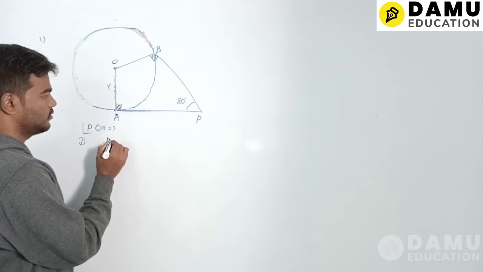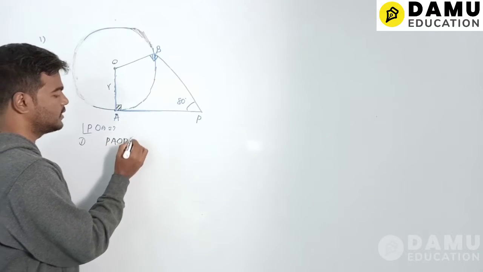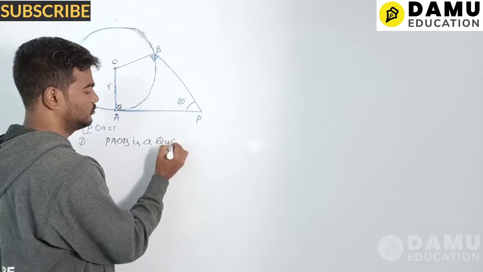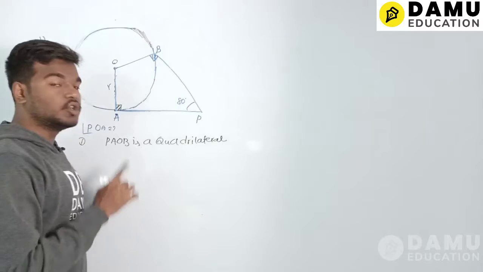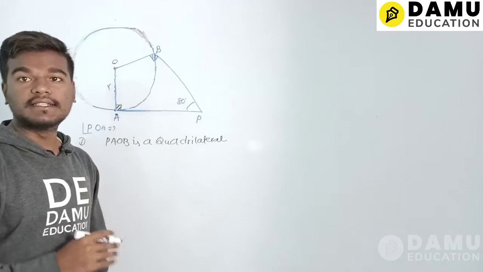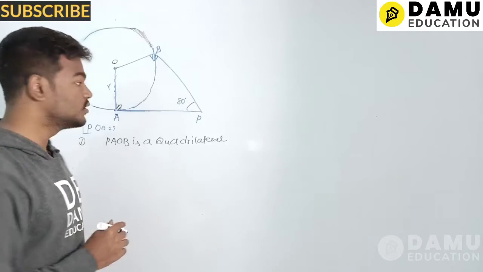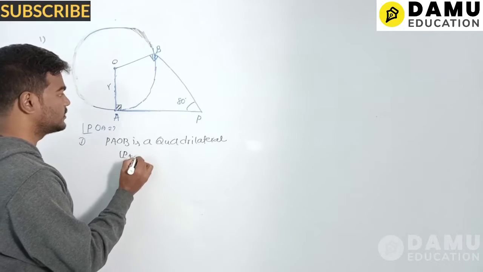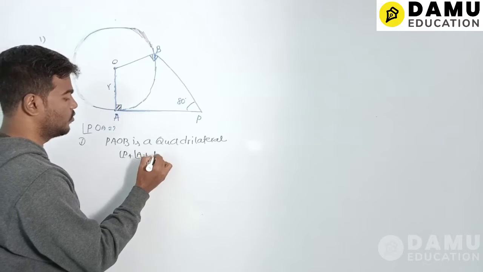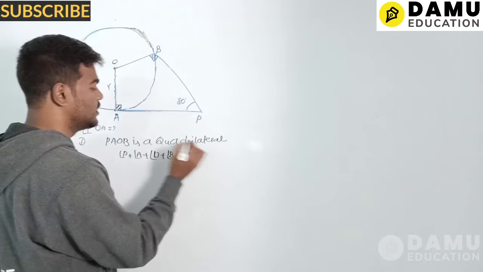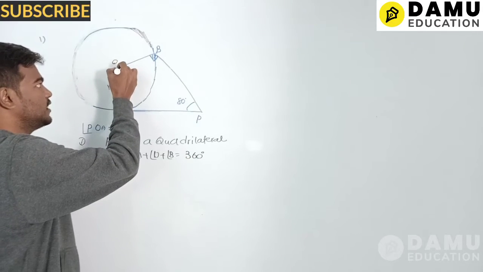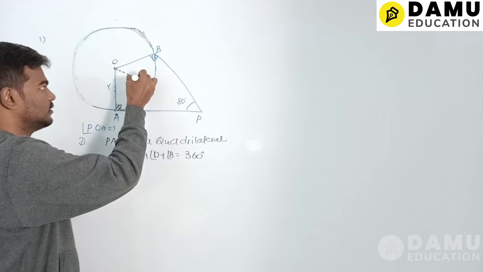PAOB is a quadrilateral. In that quadrilateral, the sum of all the angles will be equal to 360 degrees. That is, angle P plus angle A plus angle O plus angle B will be equal to 360 degrees. Actually we need to divide this angle.